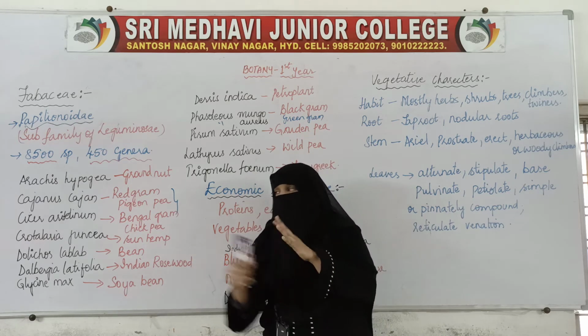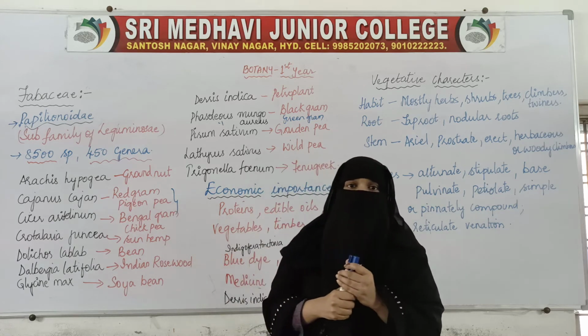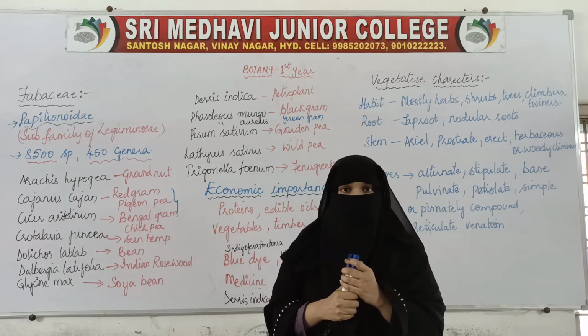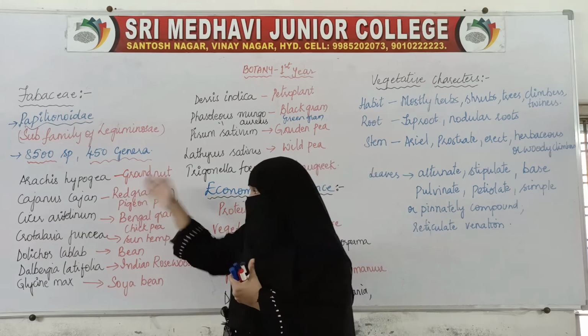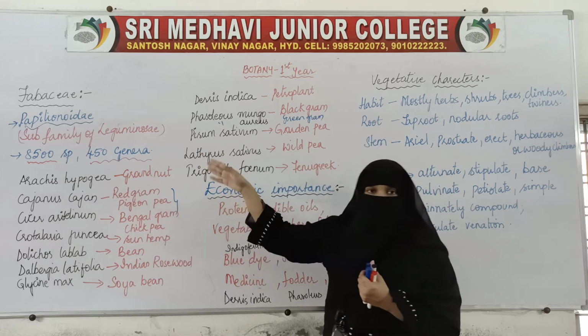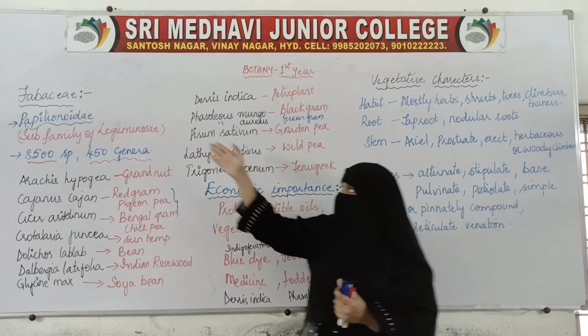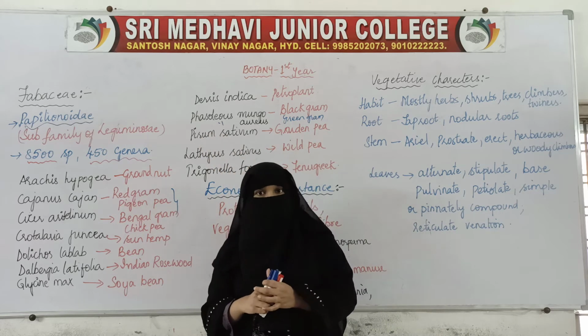All these plants, the pea plant, the groundnut plant, all the grams, come under the family Fabaceae.